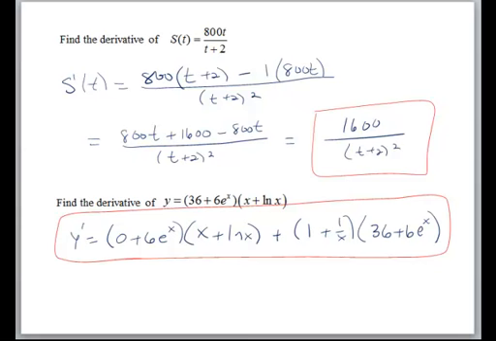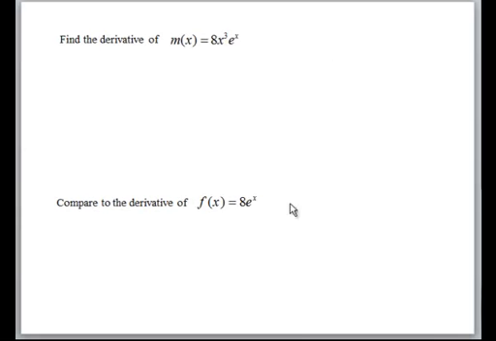Okay. Next pair, very similar. So even before we start these, what's the difference between these two functions right here? Okay. And do we find the derivatives the same way? Well, the answer is yes and no. This first one here, we have 8x cubed e to the x. This is a product. We have to use the product rule.